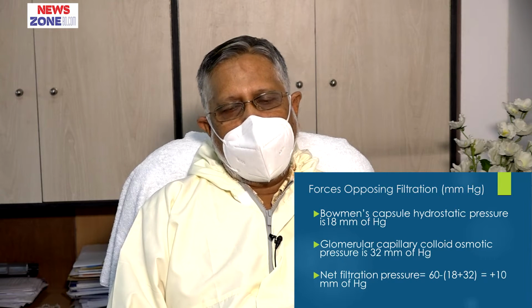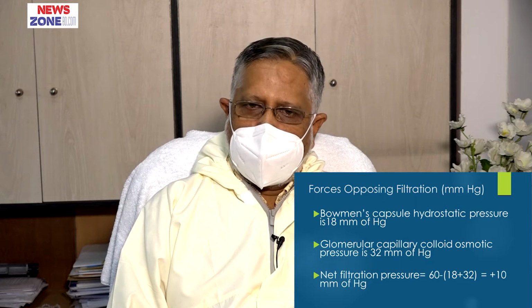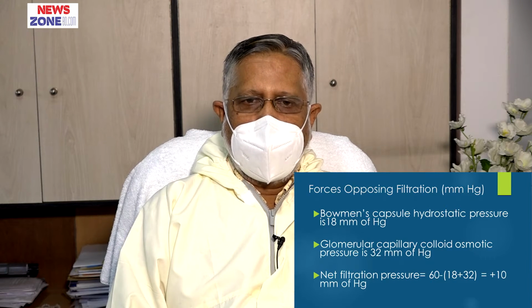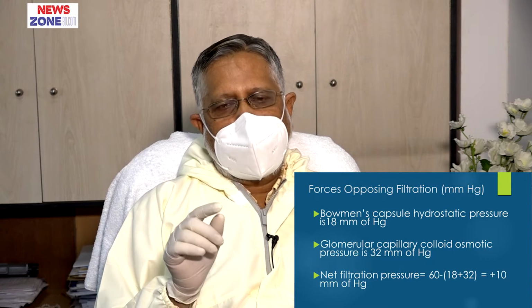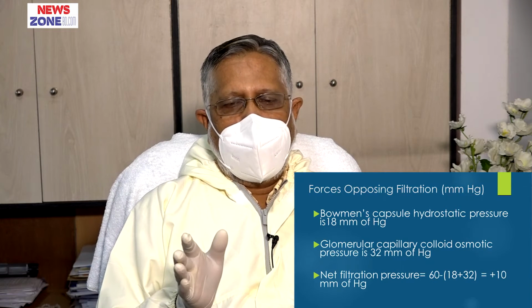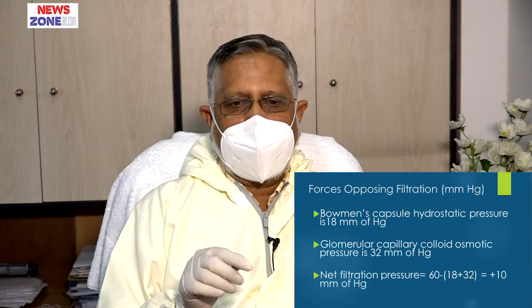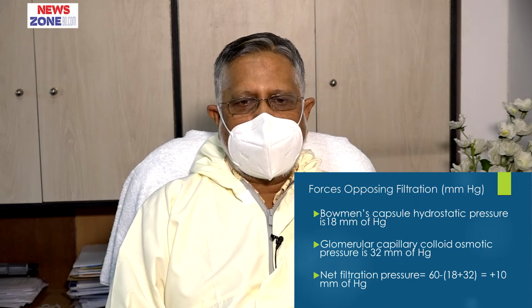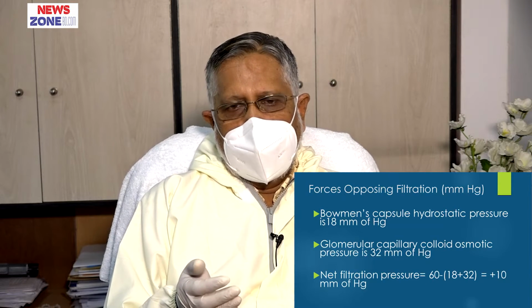My dear students, you must remember that the glomerular hydrostatic pressure is 60 millimeters of mercury, the oncotic or colloidal osmotic pressure is 32 millimeters of mercury, and the Bowman's capsular pressure is 18 millimeters of mercury. This is often asked in the examination, particularly the oral examination, along with the net glomerular filtration pressure, which is 10 millimeters of mercury.